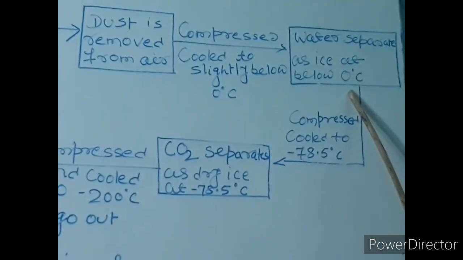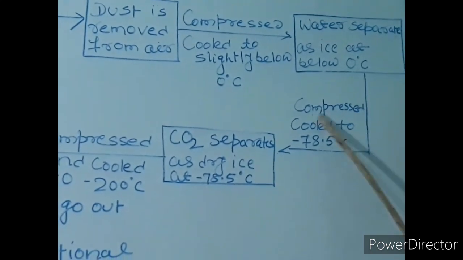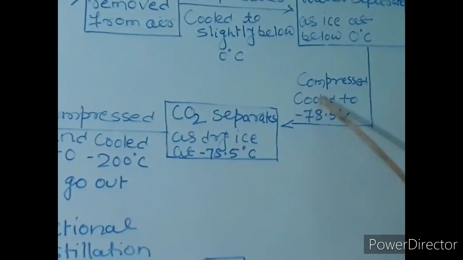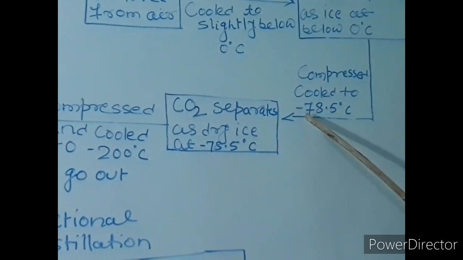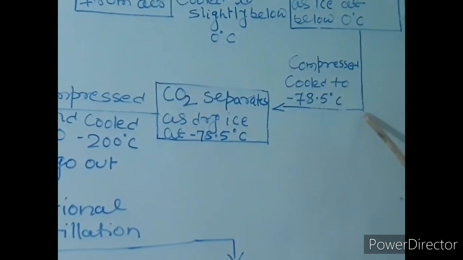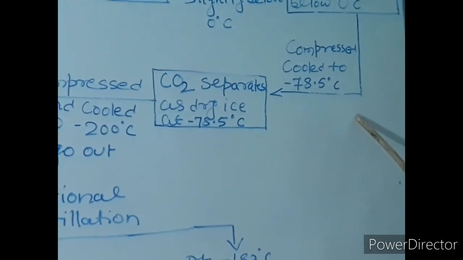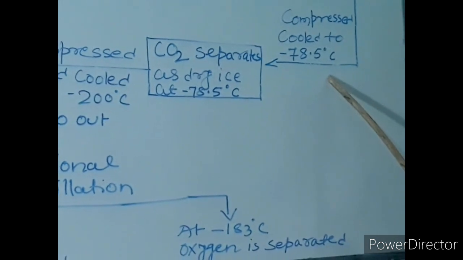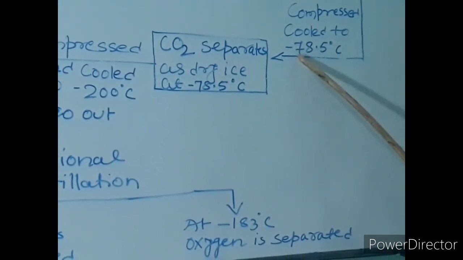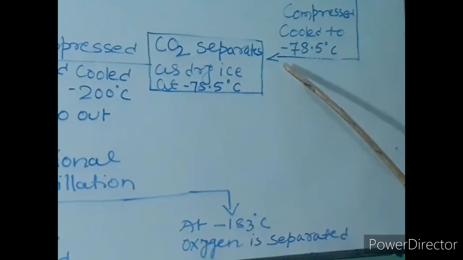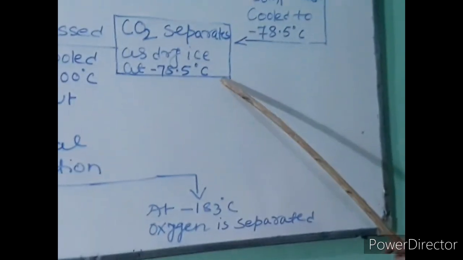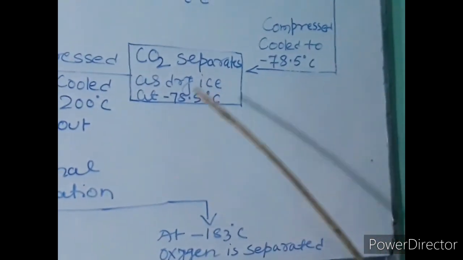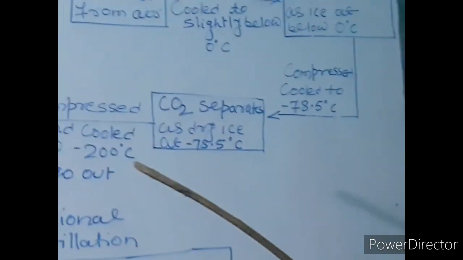Now, the next step: the compressed air is cooled to minus 78.5 degrees Celsius. Keep the temperature at minus 78.5 degrees Celsius.